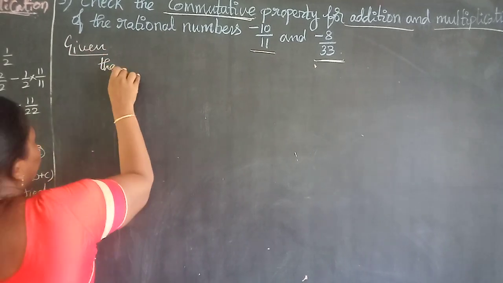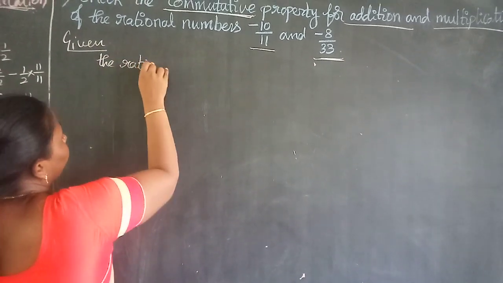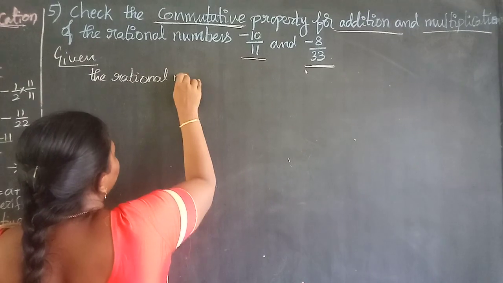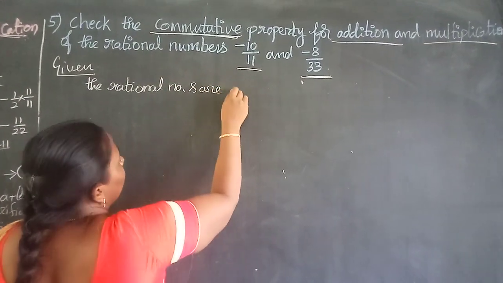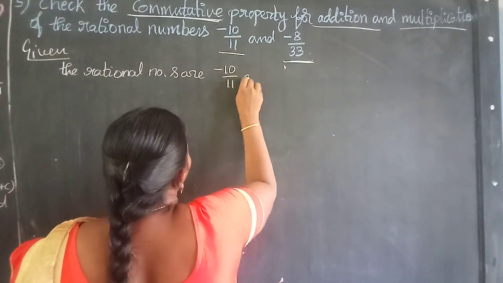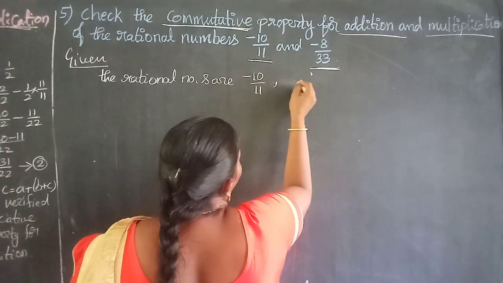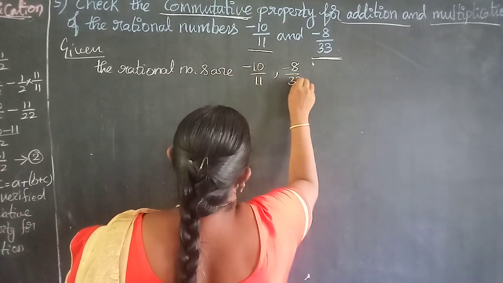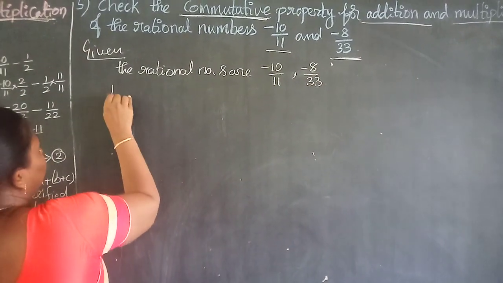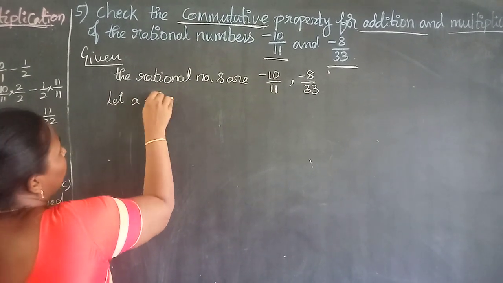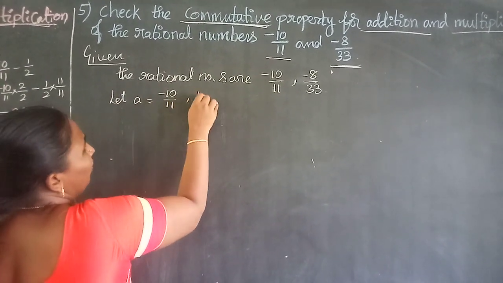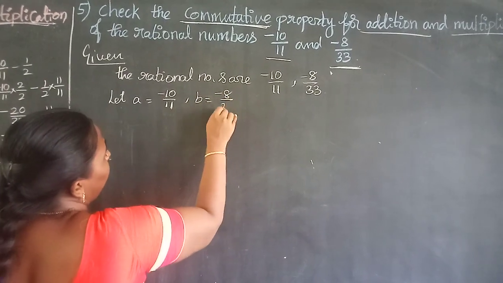Given the rational numbers are minus 10 by 11 and just put comma minus 8 by 33. Okay, let us assume that first number as A minus 10 by 11, B minus 8 by 33.